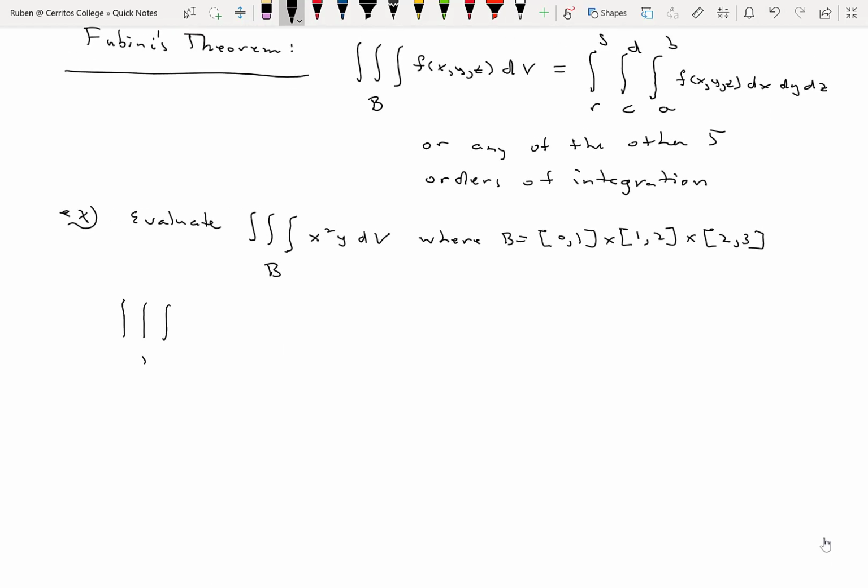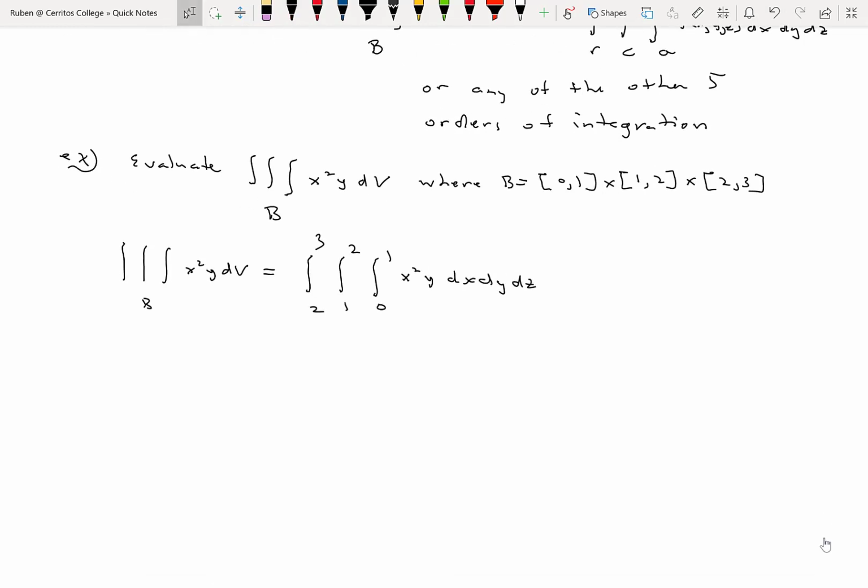Triple integral over the box B of x squared y dV. Then I'm just going to integrate dx, dy, dz. This is purely an arbitrary decision. I don't think the integral varies in difficulty for this particular problem by choosing different orders of integration. So we're going to first integrate x between 0 and 1, then y between 1 and 2, then z between 2 and 3.